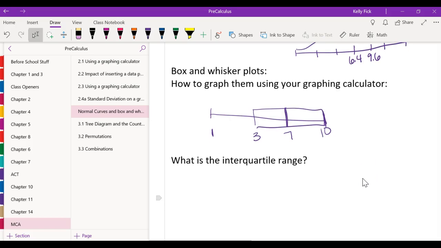A question you might see them ask is, what is the interquartile range? That means they want you to take your third minus your first quartile. So your third quartile would be 10. Your first quartile would be 3. So that would mean that 7 is your interquartile range.